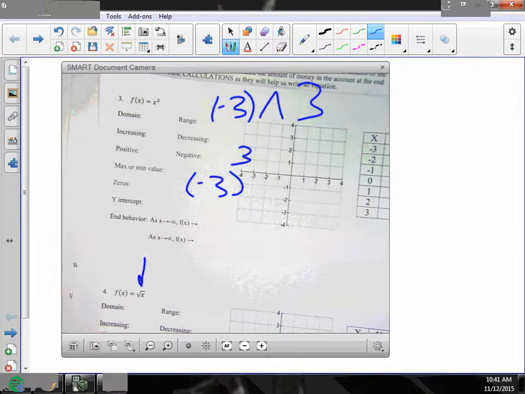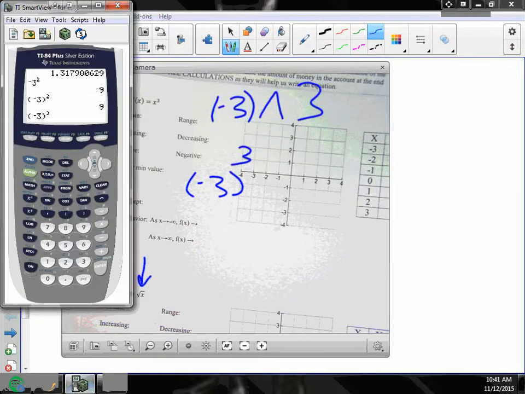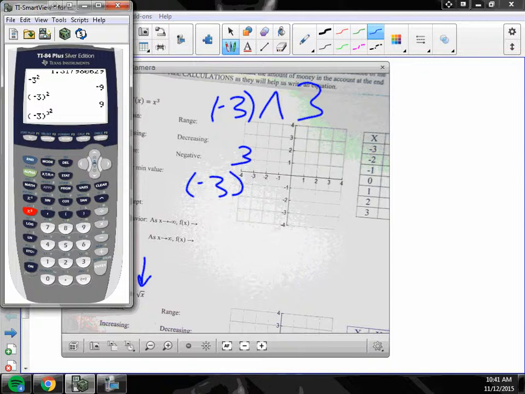Does everybody know where the square root button is? It's right here above the x squared button. So second x squared, and then I'm going to type in negative 3, and I hit enter. Why doesn't that work?